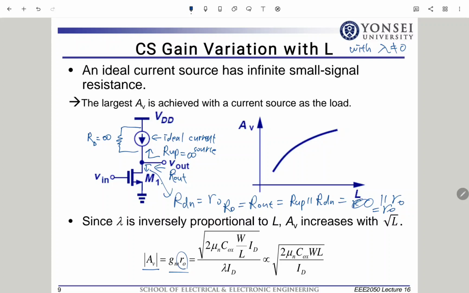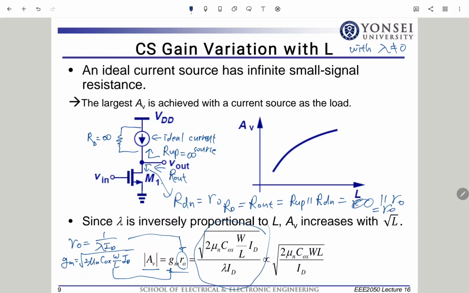So here, R naught is equal to 1 over lambda ID, and GM is the square root of 2 mu n C ox W over L I of D. Okay? So if we substitute these expressions, then finally we have this one.